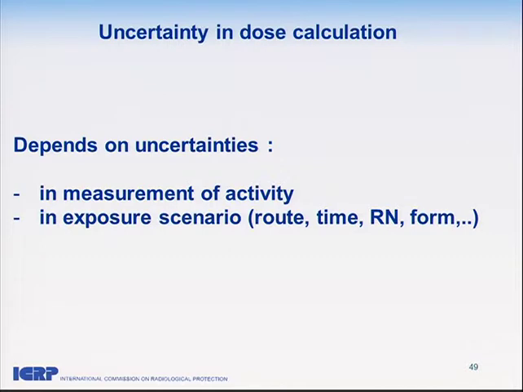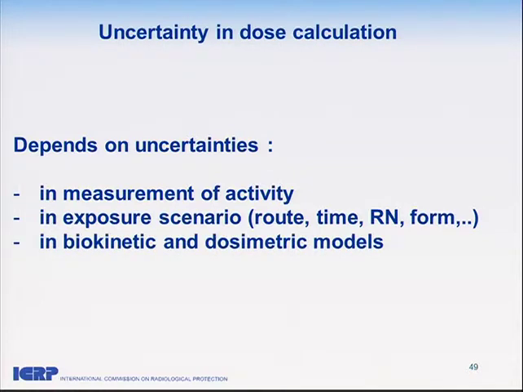When somebody comes to you who has been contaminated, you may have absolutely no idea of the route of contamination, if it was by inhalation or by ingestion. You may have no idea of the time pattern of contamination. It can be chronic contamination, acute contamination. You have no idea of how long ago he has been contaminated. You have, in some cases, no idea of the radionuclides involved, and most of the time, no idea of the chemical form of the radionuclides.